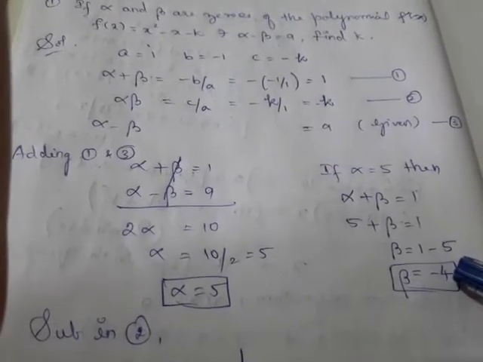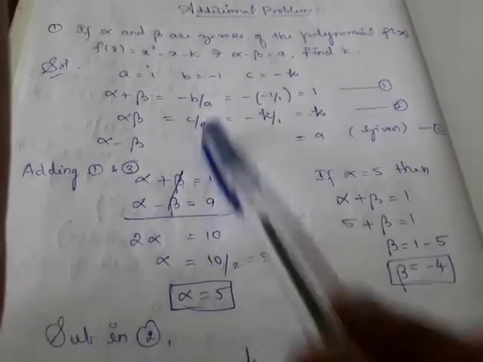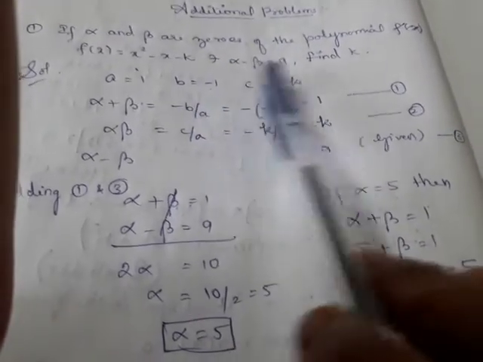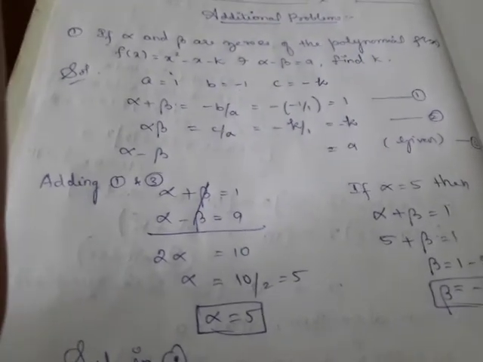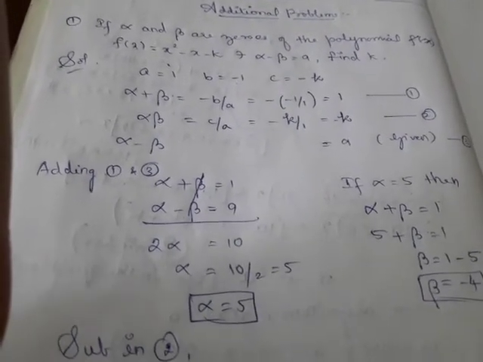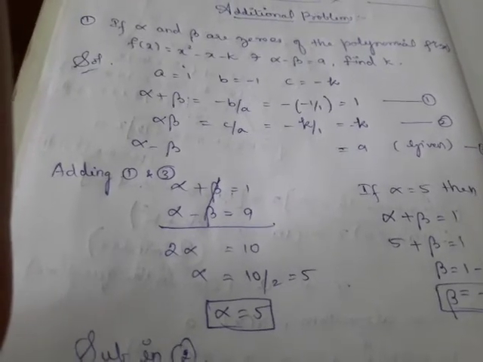Understood what I am telling? So you may get problems of this kind also. They may give any one relation between the zeros and ask you to find the actual zeros of the polynomial. We will do this with further problems as well. But here our aim is to find the unknown value.